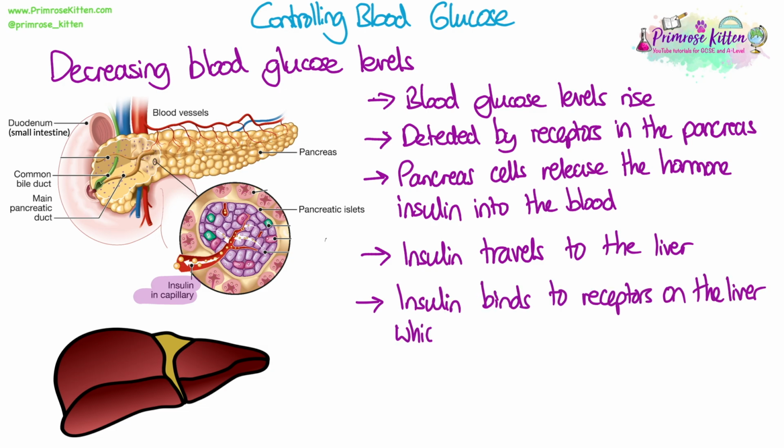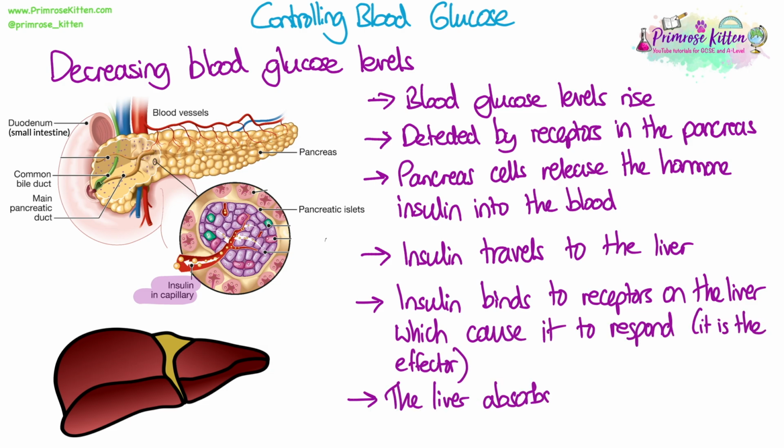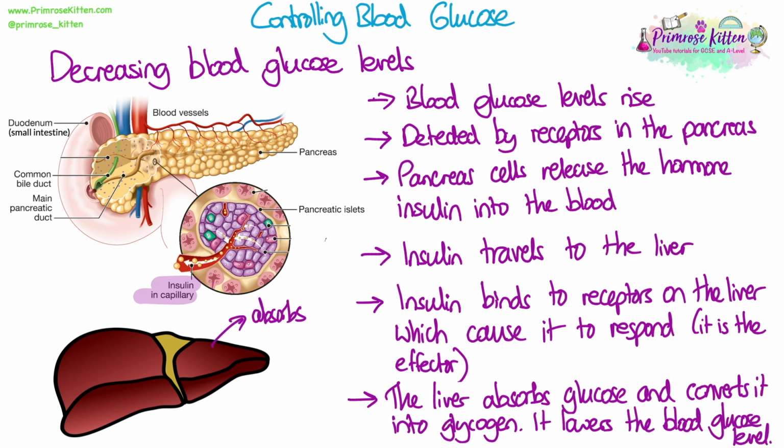The insulin binds to receptors on the liver, which causes the response from the liver. So the liver here is the effector. What the liver does is it absorbs glucose from the blood and it converts it into glycogen. Remember, glycogen is how we store glucose in the body. So because the liver absorbs and removes glucose from the blood, it lowers the blood glucose levels.